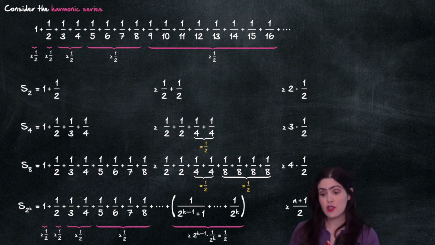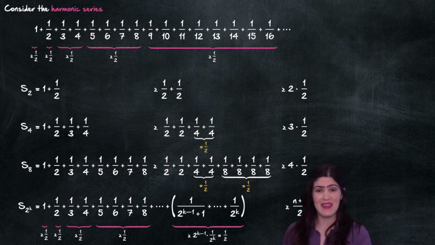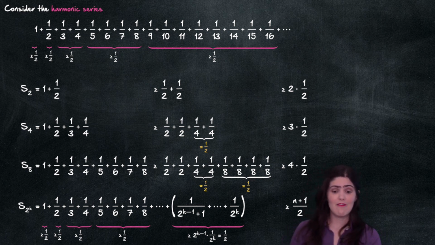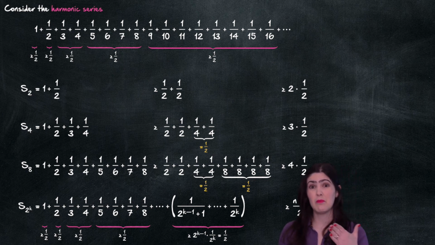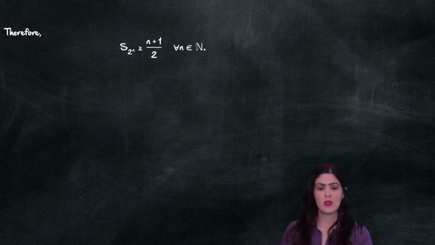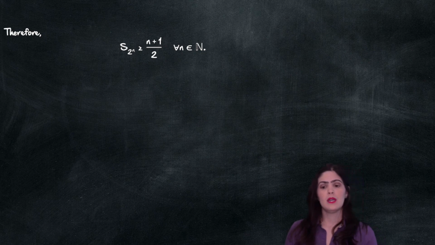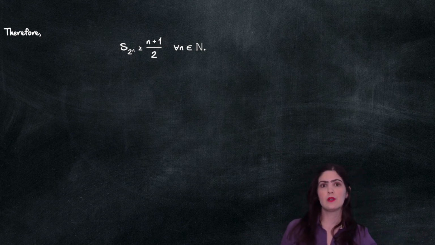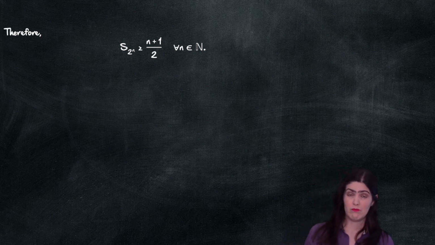So in total, they contribute again 1/2. So we have k minus 1 bits, and each bit contributes 1/2. So we have that S_{2^k} is greater than or equal to (k+1)/2. Therefore, for any n, S_{2^n} is greater than or equal to (n+1)/2.